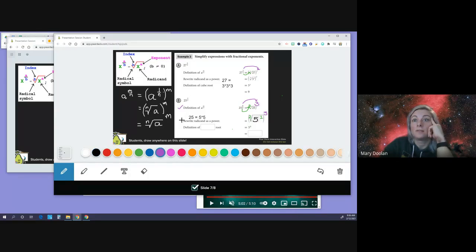And now I've done the second step. Definition of the blank root. What does that even mean? What kind of root is this? What word can go here? Definition of what root? Up here, they wrote definition of cube root, right? Because there was a little 3 as the index. Here I have a 2 as the index. So what kind of root is this?